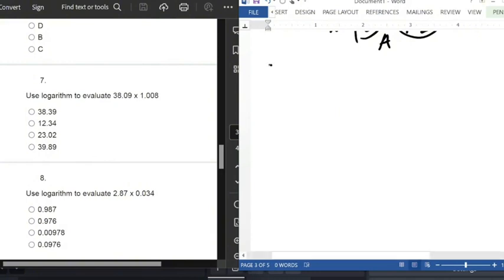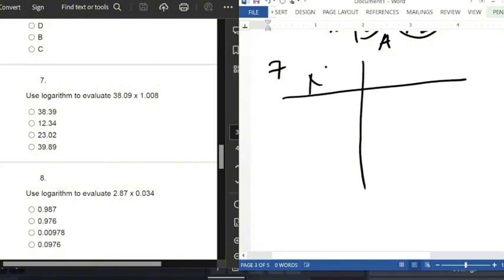So for number 7, what we're going to do is this. We're going to have a table. We have number, we have log. So the numbers, we have 38.09, as I've explained in the video explanation of this topic. So the first thing, we are going to have 2 parts under the log part.